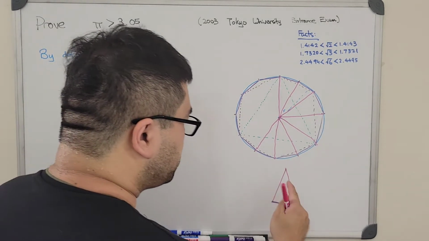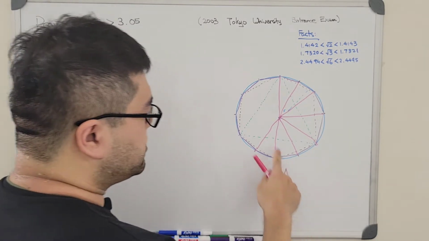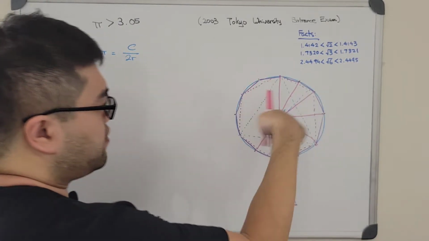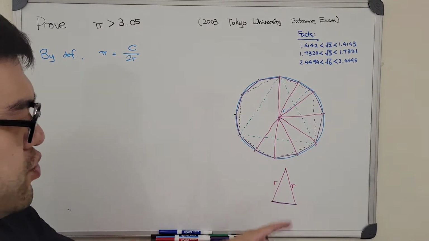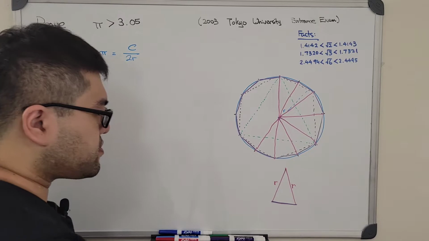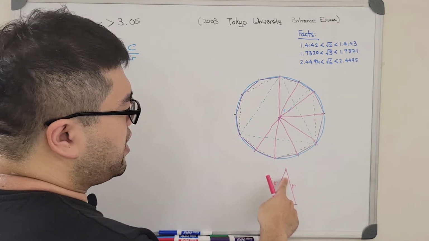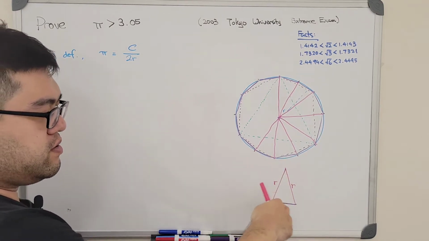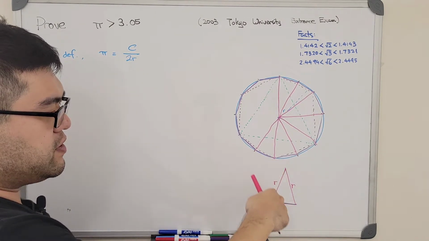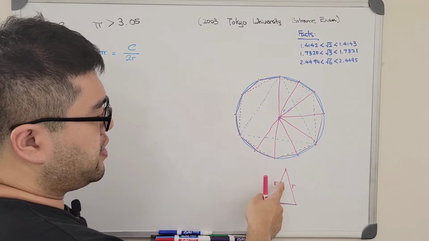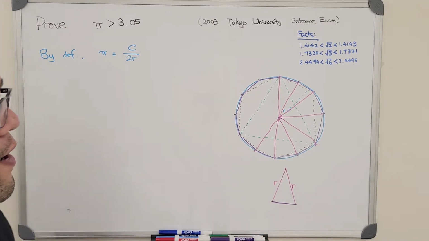Now, we also know that these 2 sides are the radii of the circle. Each one is a radius. Good. Now the question is, how do we tell the angle of this triangle? And when I say the angle, I'm talking about the angle between the 2 radii.